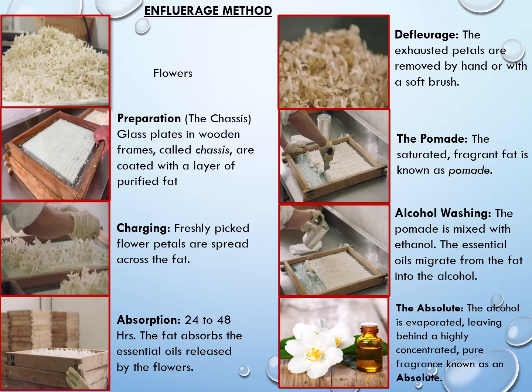First the fatty layer is coated on the glass plates, and furrows are also made on the fatty layer in order to increase the area of absorption. Once the fat is coated on the glass plate, freshly picked flowers are thinly layered on the fatty layer, and several chassis are placed one above the other, sandwiching the flowers between two layers of fat.